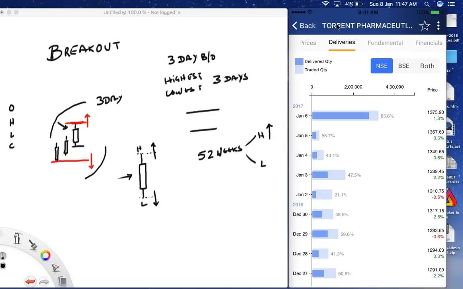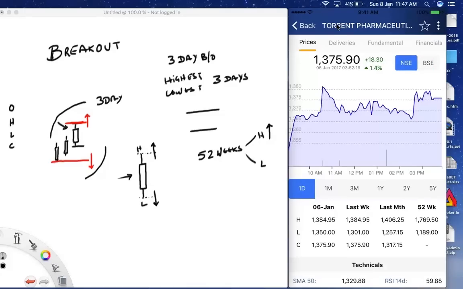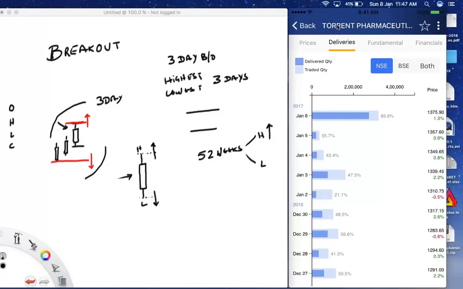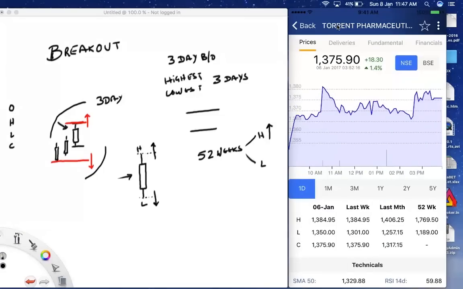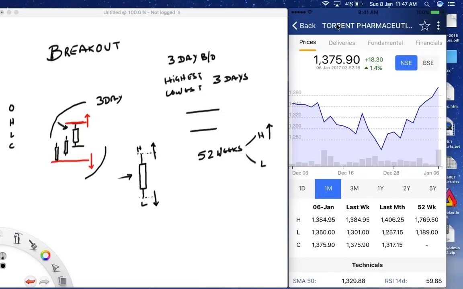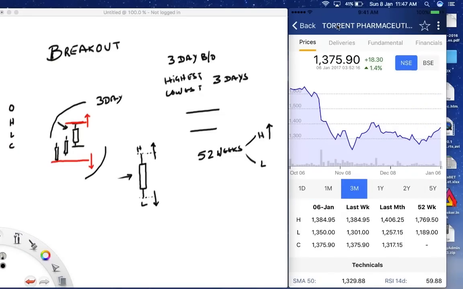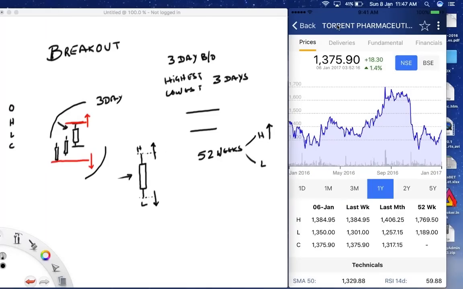So the stock is in an uptrend. The yearly performance has come off quite a bit, but from a medium term point of view, it's stabilizing. So deliveries have been fairly good. Okay. So I can make a note of these stocks which are doing good. So Britannia also, high delivery volumes. Marico, high delivery volumes.